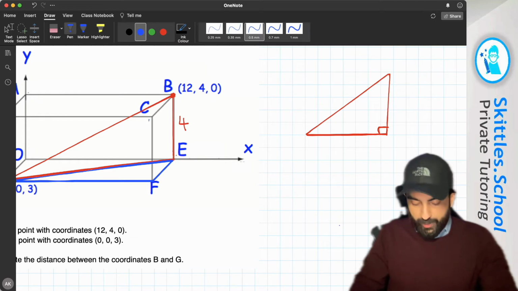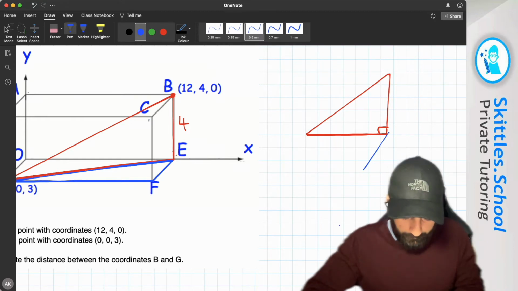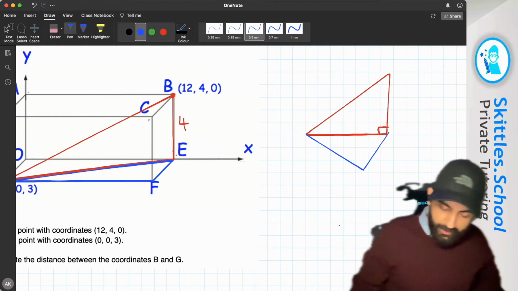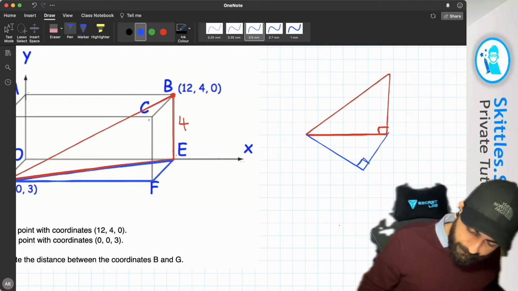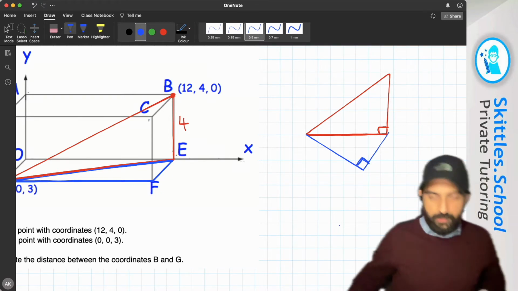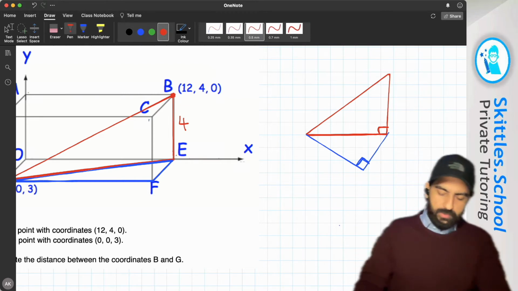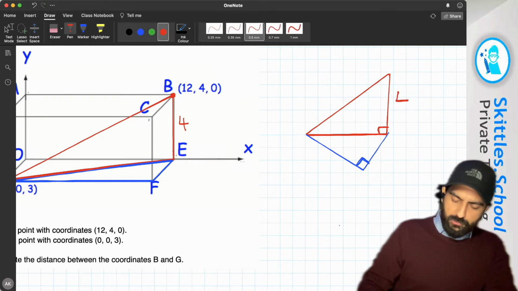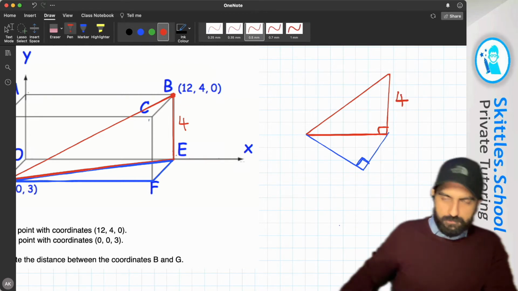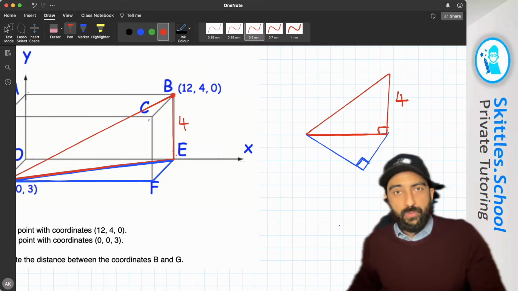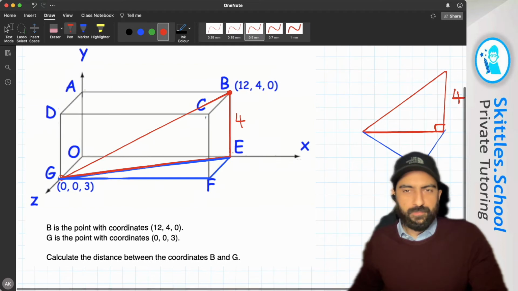And then we've got the blue triangle, which is something like this. And that's the right angle there. Okay, so we know that this side of the red triangle is 4. And we need to work out the bottom side of the red triangle by using the blue triangle.